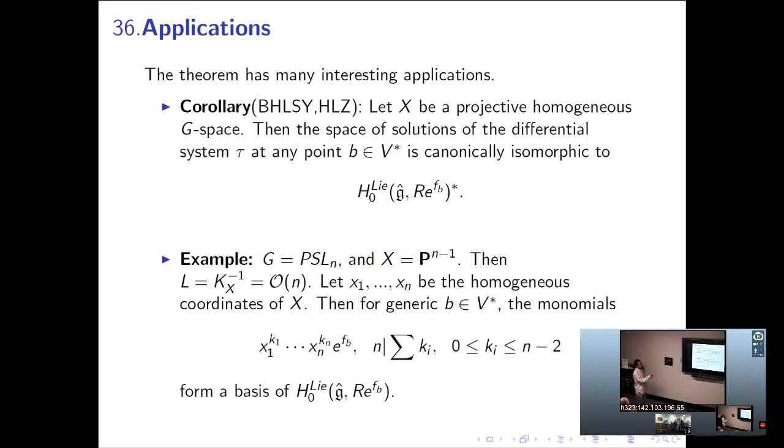And so what this Lie algebra actually is, is that it's represented by differential operators of the form x_i times partial over partial x_j.